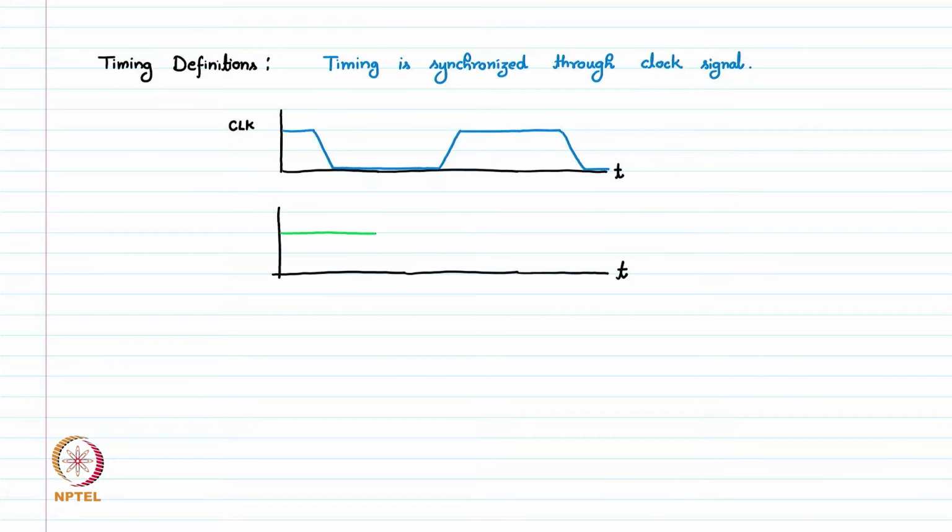Let us say this is my data which is changing its polarity at some point here, going from high to low or low to high depending upon various bits, and then it is stable for some time, and then again it can change.